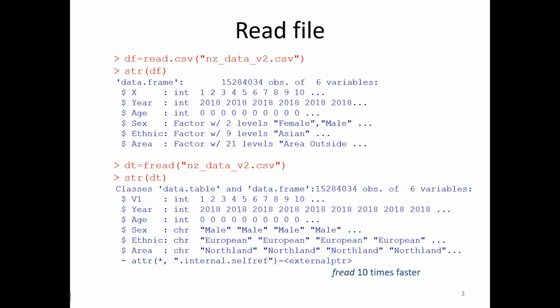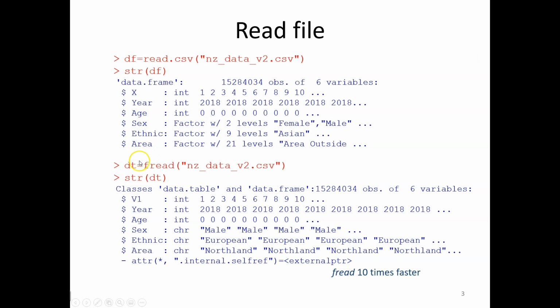It's kind of large, not huge, but it's a large dataset. And we have 6 variables. The first one here is just a number, like an ID. And then we have the year the census was performed, the age of the individual, the sex, the ethnicity, and the area where this individual happened to live as the census was performed.